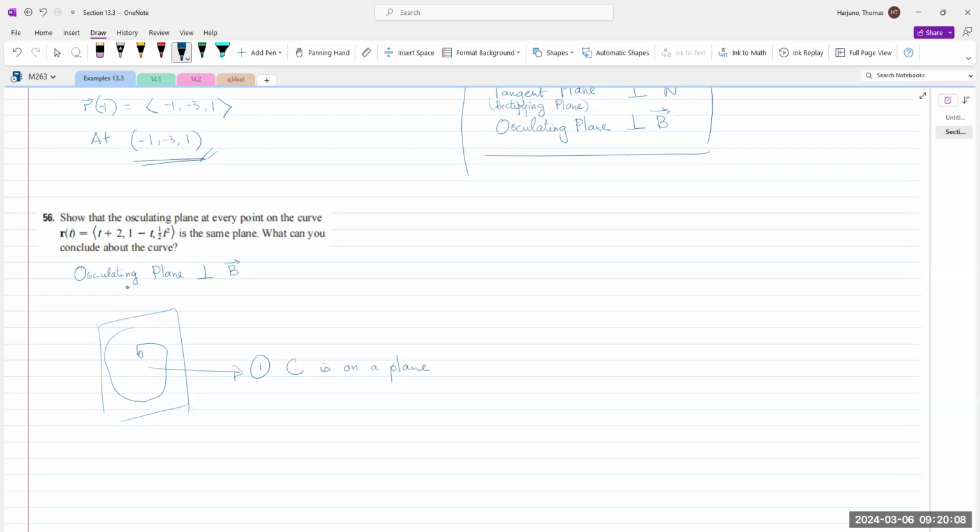And then second, the binormal vector, because it's already unit, must be a constant vector. Of course, at each point here, the vector that is normal to that osculating plane may be a different length, but when you look at the unit of that, they must be the same. So let's do it that way.